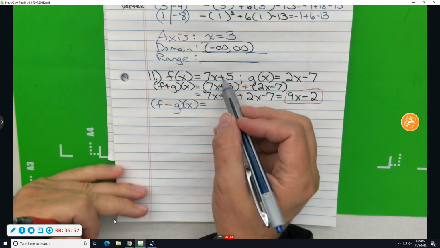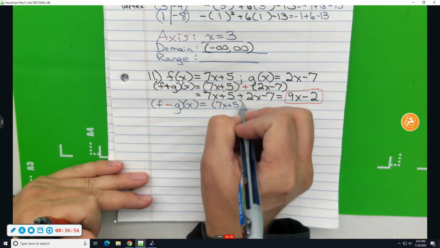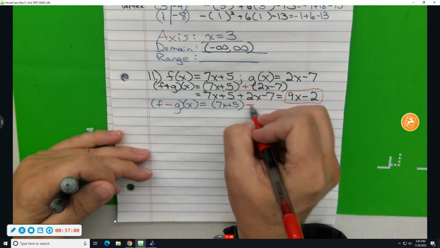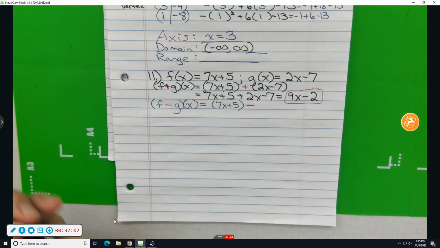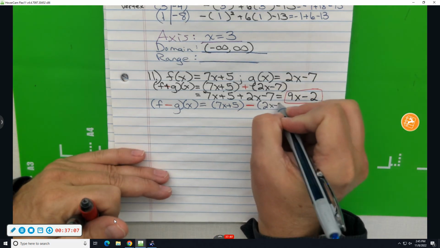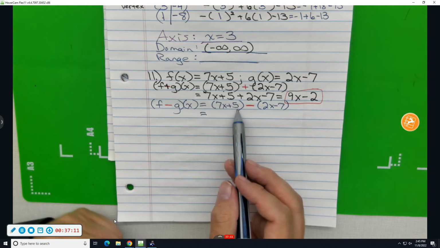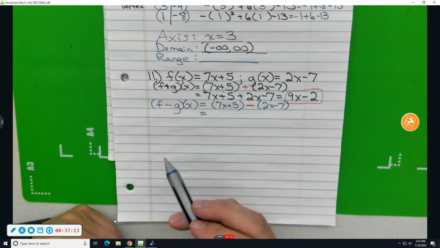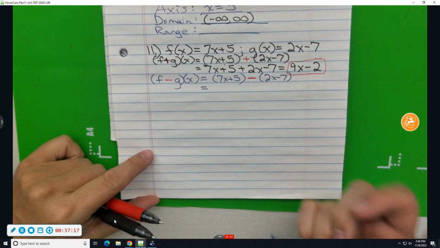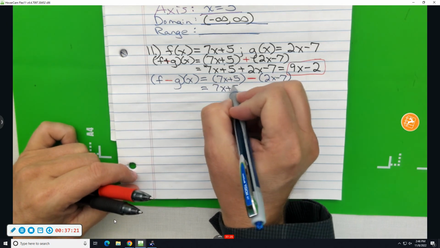You take f of x, 7x plus 5, minus g of x, that's 2x minus 7. That first set of parentheses is another unnecessary set. There's nothing there to distribute through. It's just going to stay as 7x plus 5.